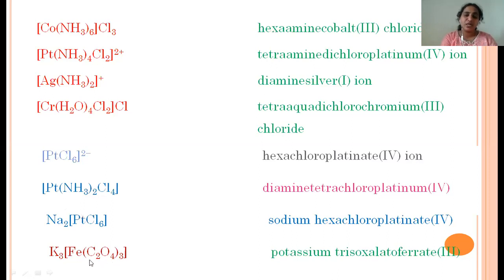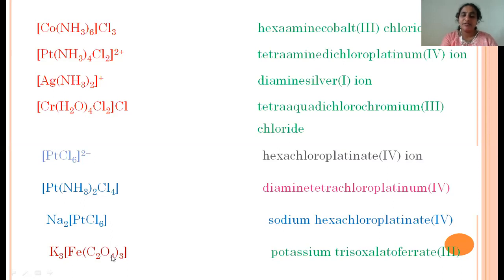Similarly, in this example, both a cationic sphere and an anionic sphere are there. So it is potassium, and oxalate is a bidentate ligand. Whenever a polydentate ligand is present, instead of using di, tri, tetra, we use bis, tris, tetrakis. Here 3 ligands are present, so we use tris. So potassium trisoxalato ferrate, because it's a negative sphere, hence we add ferrate.